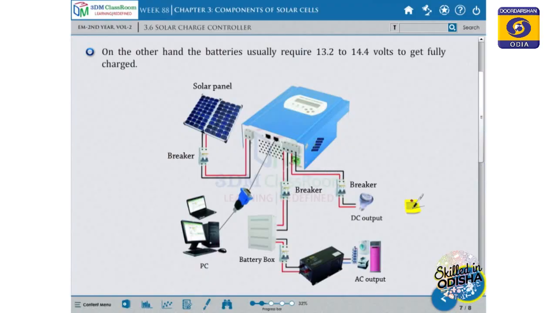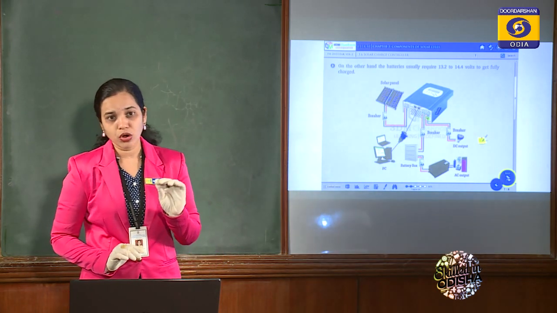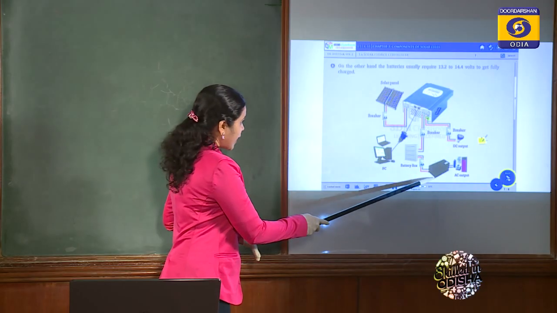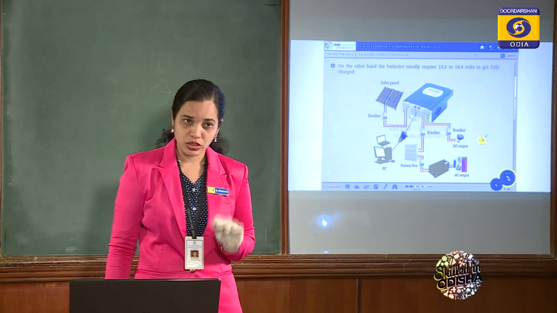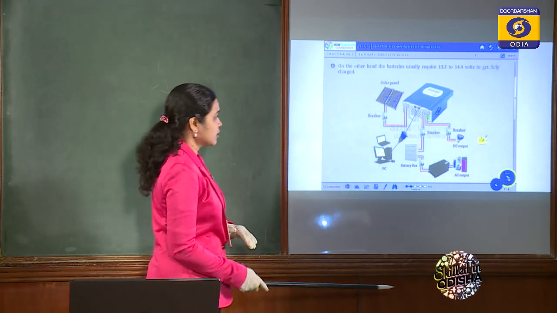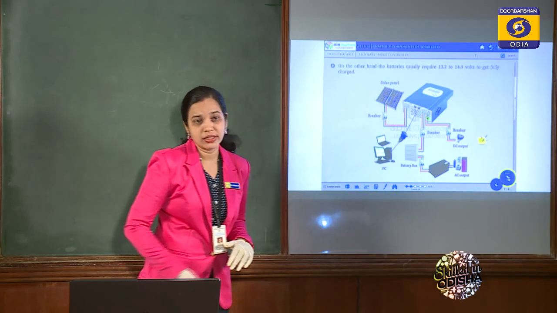The solar charge controller here does not allow reverse flow of the voltage from the battery to the solar panel. At night time, when the sunlight is not available, the battery is in the high voltage range and the panel is in the low voltage range.